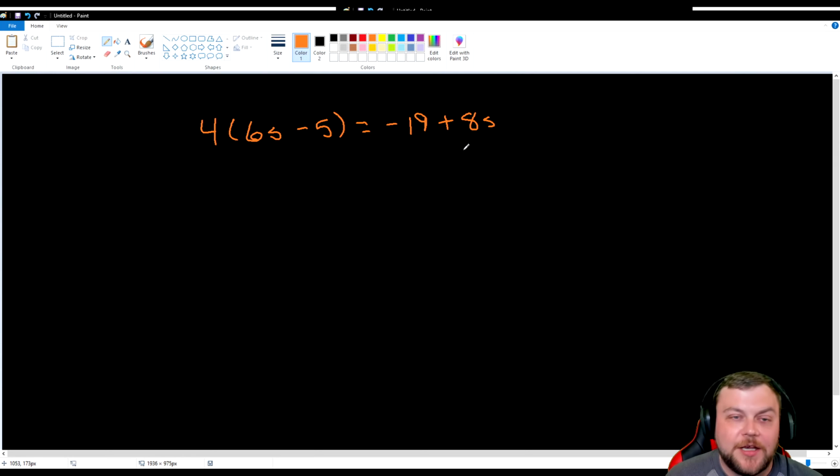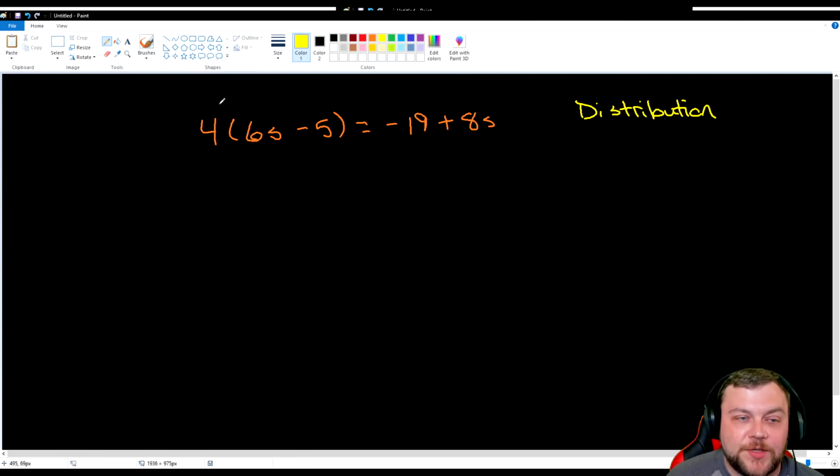Okay? This one is a little bit more complex. As you can tell, we have a 6s over here and an 8s over there. Don't get yourself confused with all of these things, okay? Just stick to that first idea of distribution. Just do that first. You'll be okay. And what we have is 4 outside of this parentheses. So let's distribute this 4 through the parentheses.